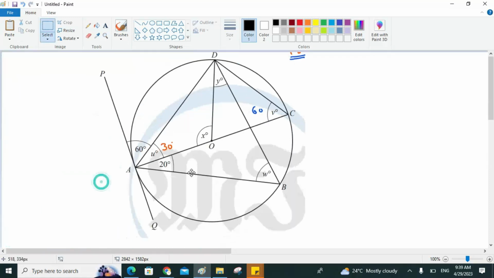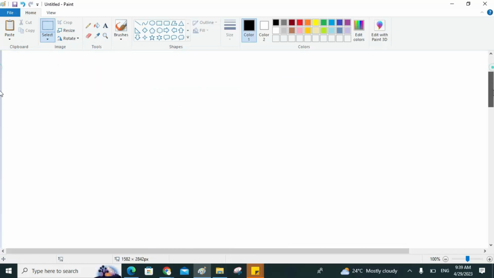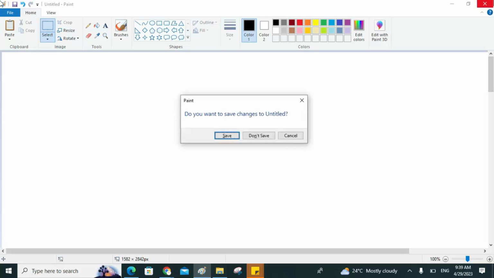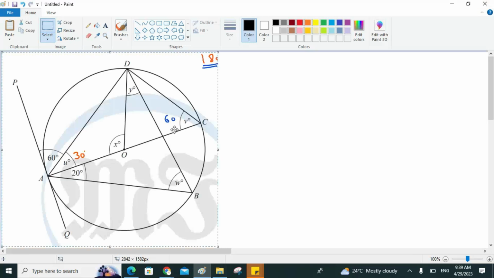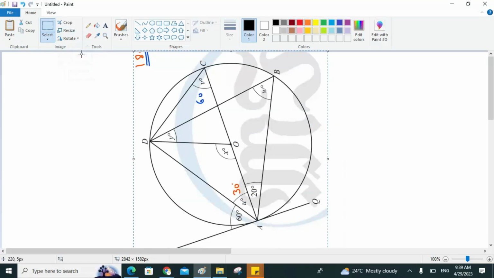If I rotate it to the left a little bit, and if I show you two lines in it, that is this angle and this blue one.